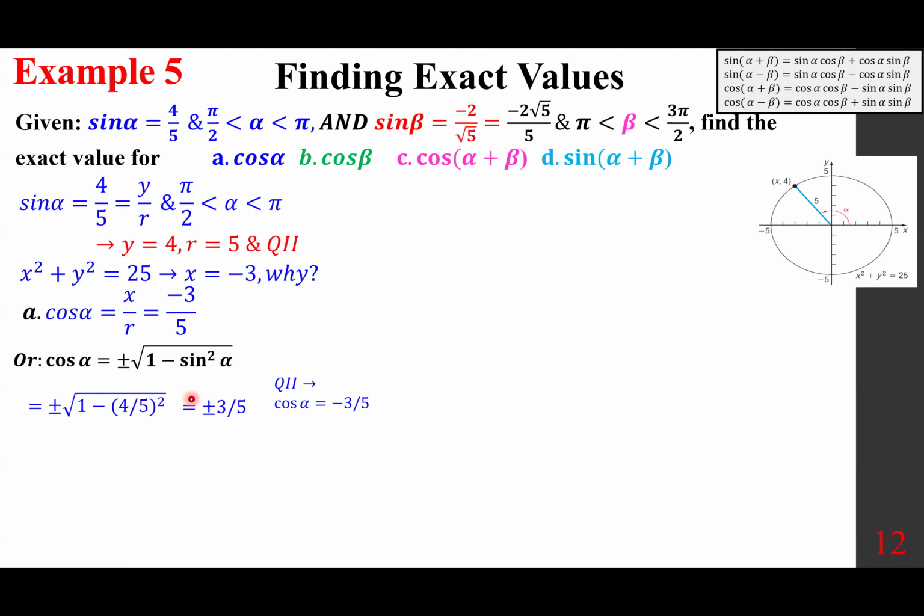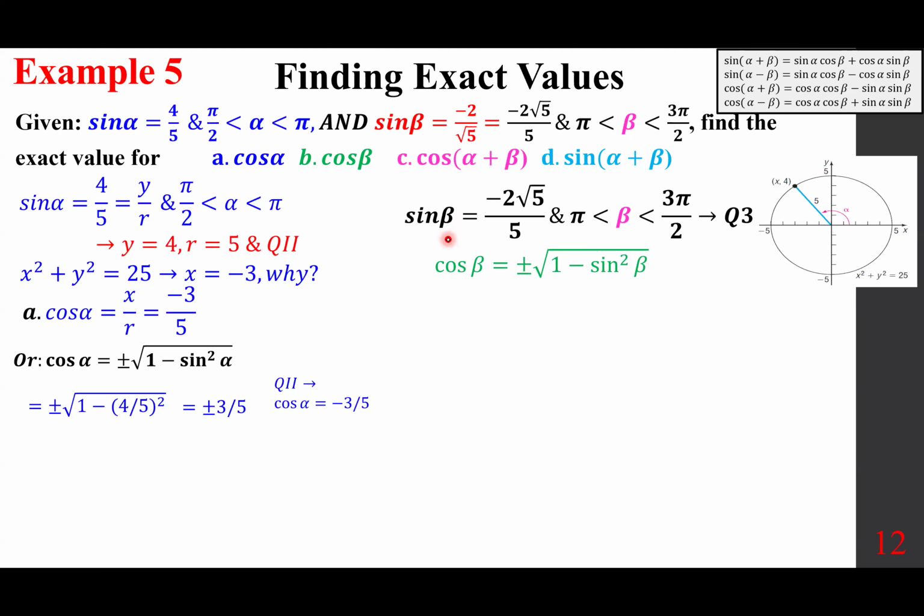What about sine beta is negative and it's in the third quadrant, as they are given. We're not going to go with both methods. Let's go with one of them. Let's go with identities. If you're given sine, cosine is plus minus the square root of 1 minus sine squared.